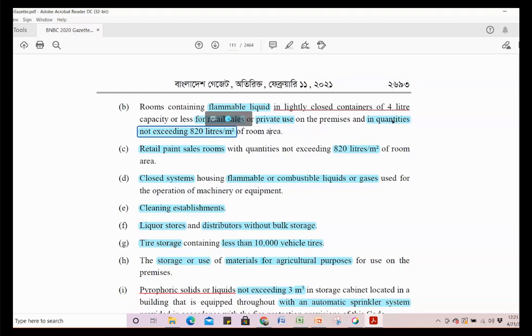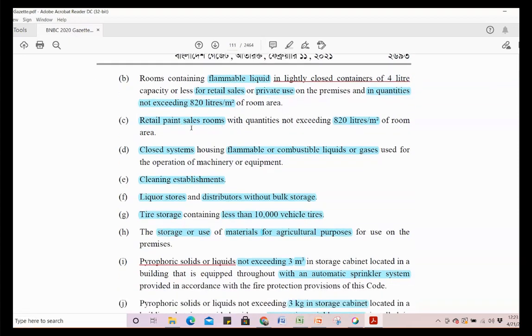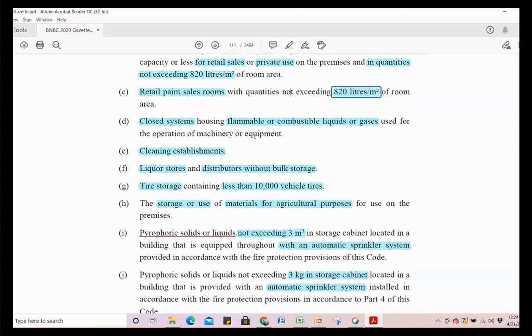It has a limit of not exceeding 820 liters per square meter of room area, and the container size is also specified. For paint retail sales, the quantity will be 820 liters per square meter. It cannot exceed that in a room area.